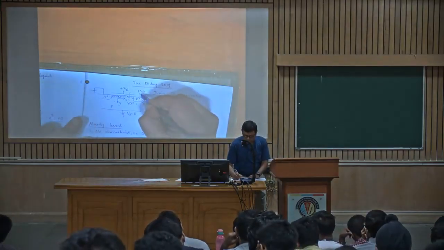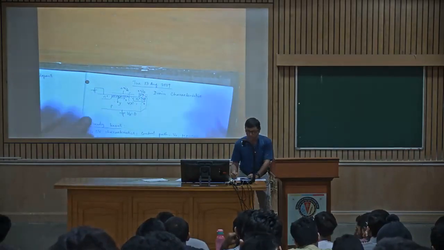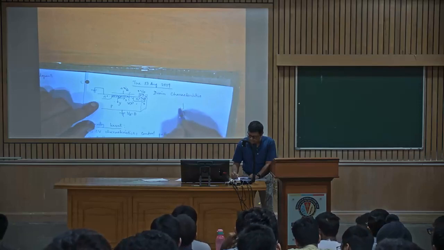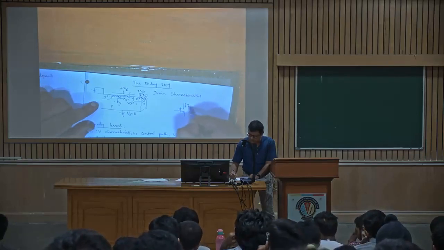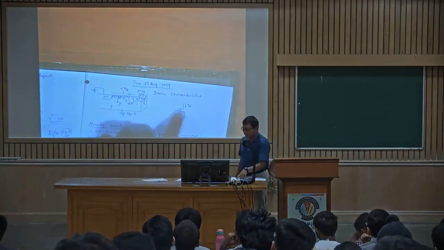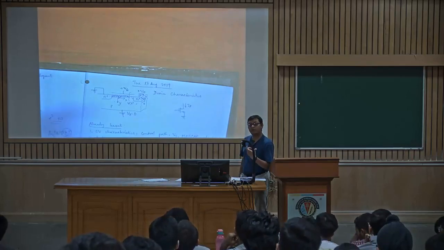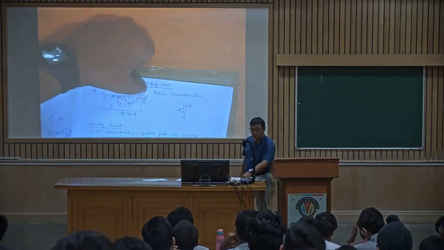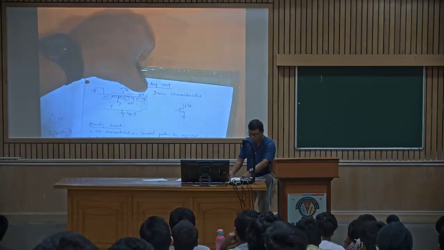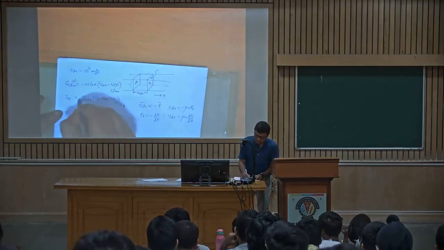We call it positive when it is going from the drain towards this. In the MEC you must have seen that if this is the circuit, then this was ID going to the ground. Meaning that the current which goes into the drain terminal, we have taken as positive. That means ID direction here is opposite to the direction of X. So what we will do? This will also be negative.